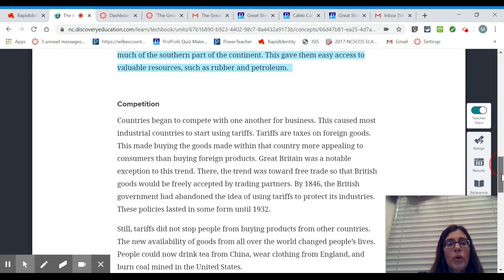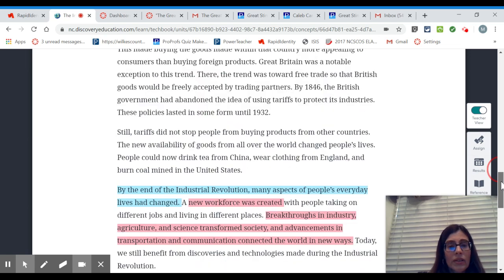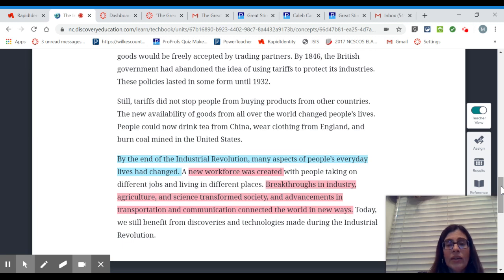Okay, so with imperialism, countries began to expand and compete with one another for business. Okay, and we're not really going to get into the taxes or the tariffs that we had already talked about that were placed on foreign goods. But you must just note that this is kind of where we stop, and we begin our new unit on imperialism.